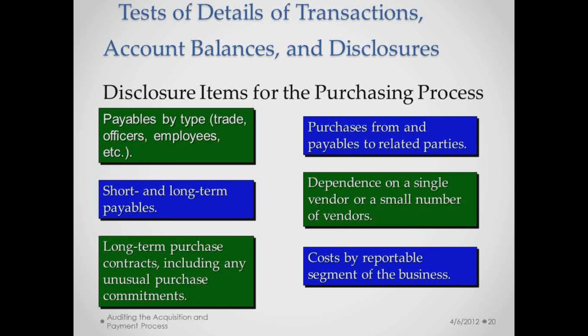I already talked about the classification of short and long-term debt and payables, and long-term purchase contracts. Those types of things would be important to a user to know about, any long-term purchase contracts or any unusual purchase commitments the company has. So you would expect to see these disclosed in the footnotes to the financial statements. For example, if they're dependent on a single vendor or a small number of vendors, those kinds of things would impact someone's assessment of the company, and so they should be disclosed.